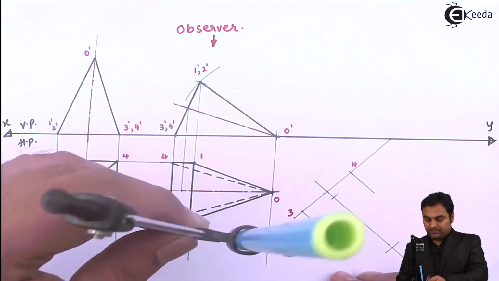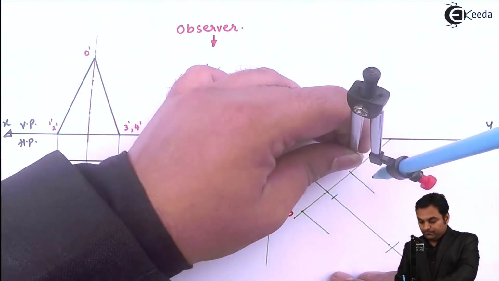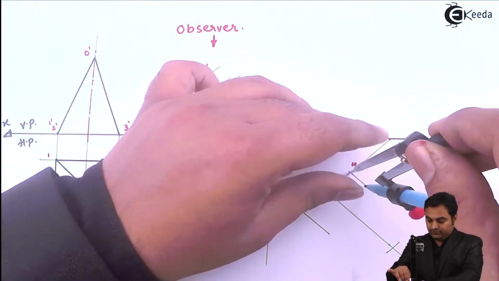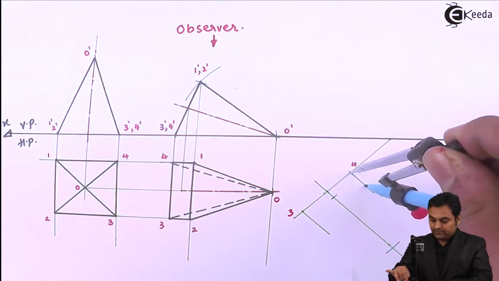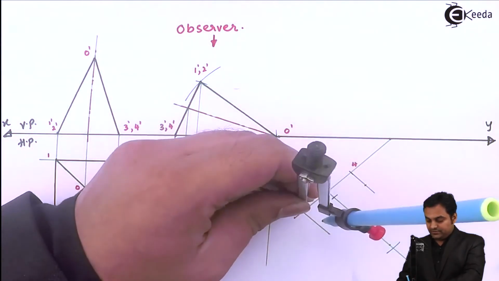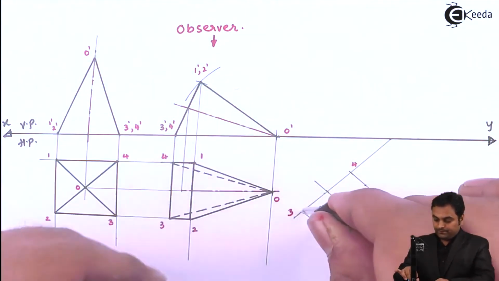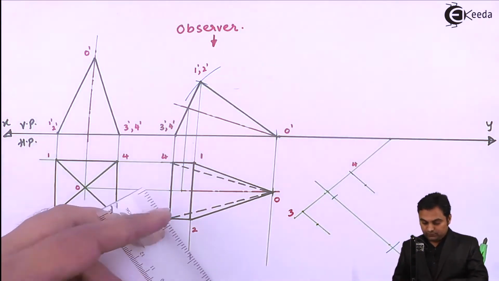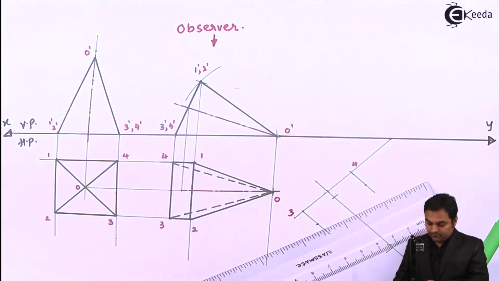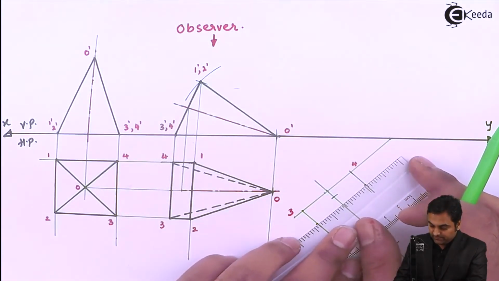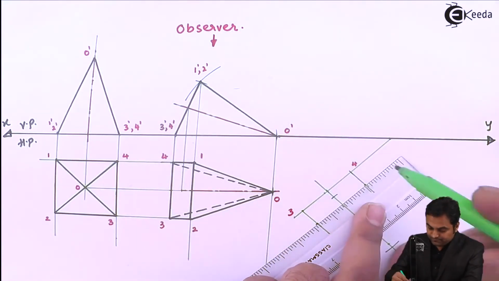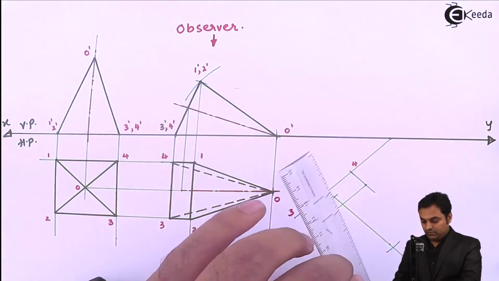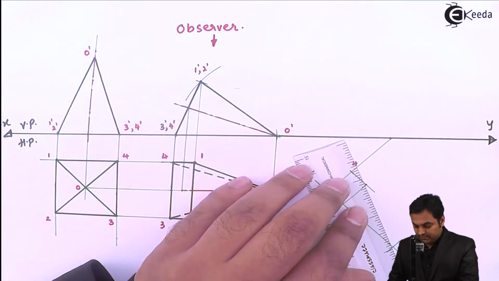This distance is same as 3 to 2. So I'll keep it on point 4, mark it here, and same distance is from 3 to 2. Joining them first with the help of light line, and then with a dark line.